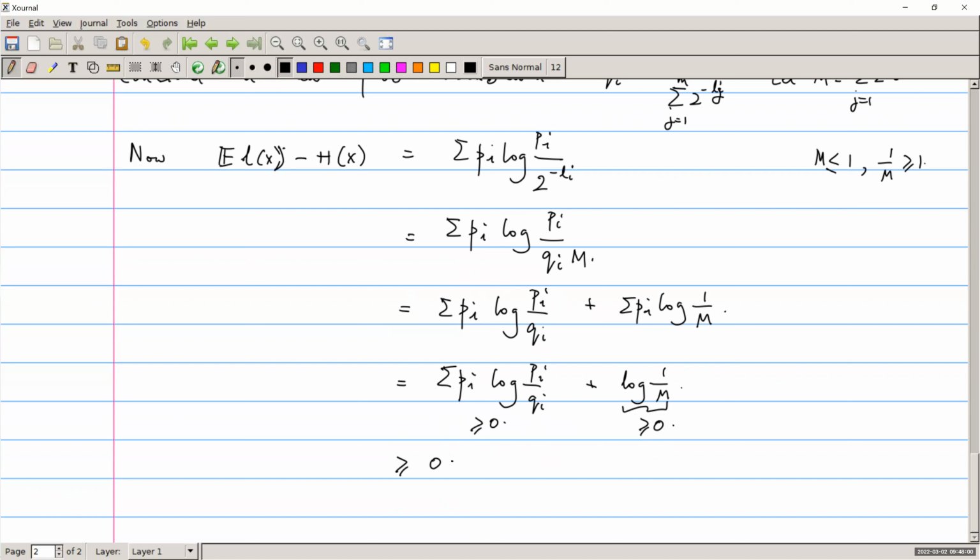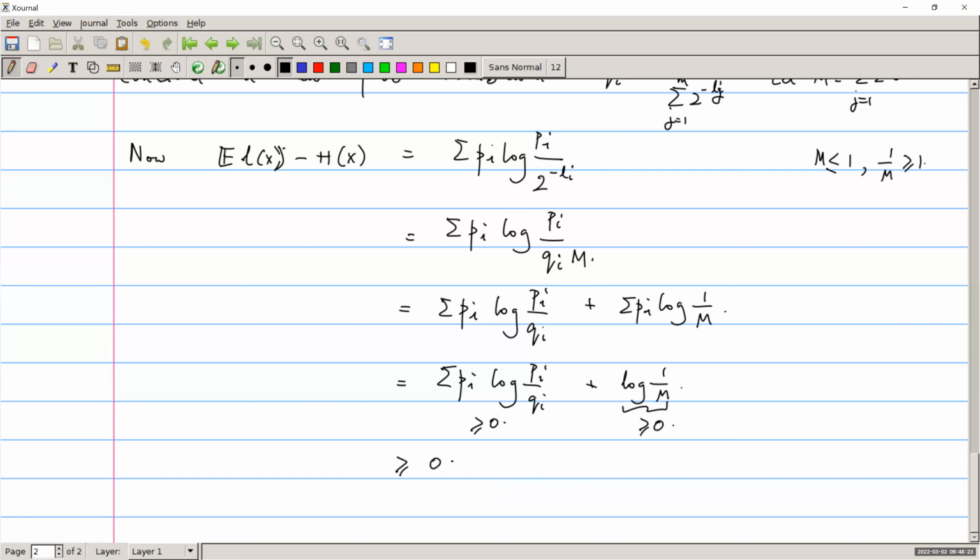The equality will hold when m equals 1 first. M must be equal to 1. We'll see what exactly that means. But m equals 1, we'll see, means that the code words should form the leaves of a full binary tree.